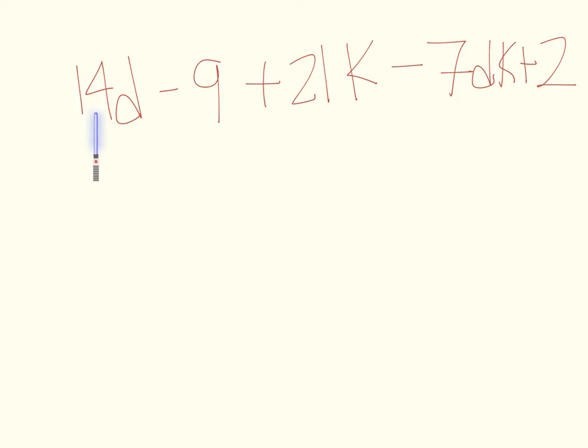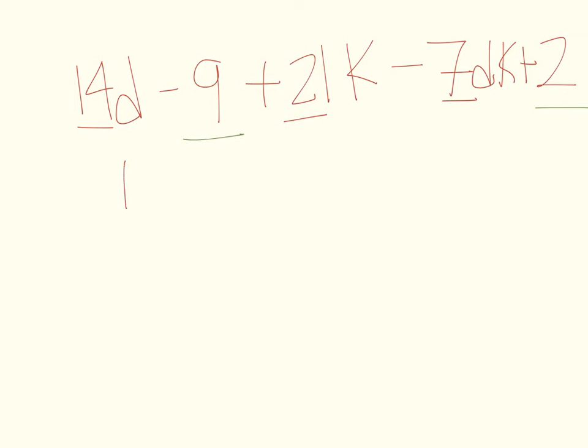These numbers in front of the letters are considered coefficients. So the numbers in front of a letter are considered a coefficient. That's a coefficient, that's a coefficient. So if I was asking you, name all the coefficients, it would be 14, 21, and 7. Now, the ones that don't have a letter, which are -9 or 9, and 2 are considered constants. So these are considered constants.